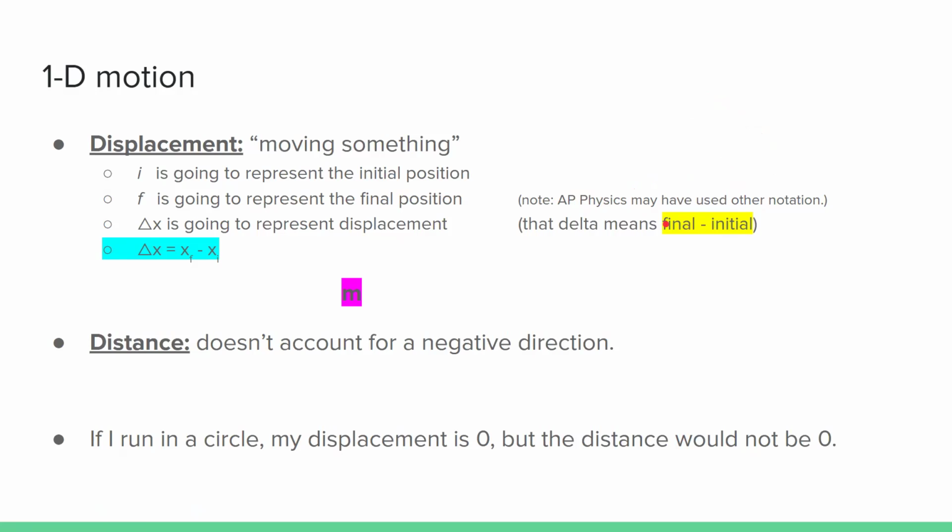We use those subscripts, F and I, to know what final and initial are. Now, if you took AP Physics, different symbols might have been used. So you might just need to erase that out of your memory and just use what I'm using, or even if your professor prefers something else, just do whatever symbols are required for your situation.